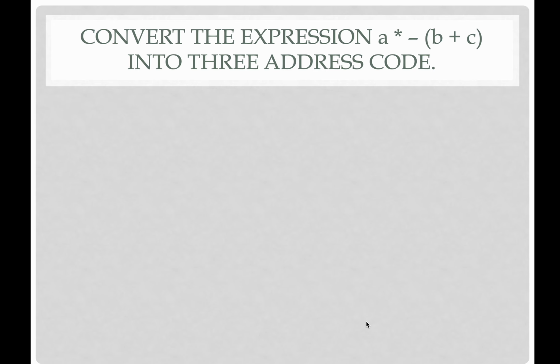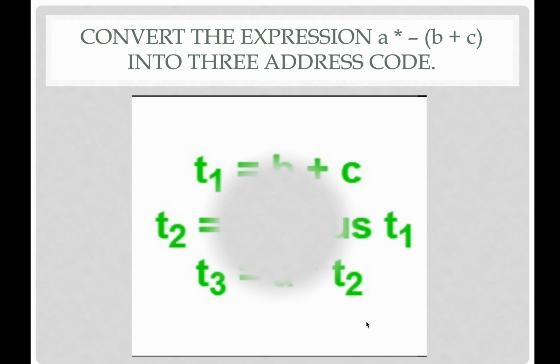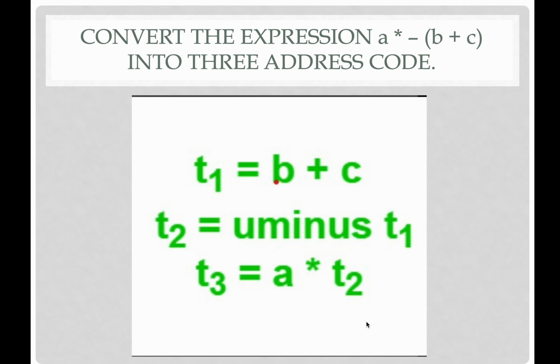Before knowing about the different types of implementing three address code, let's solve this. Let's convert this statement into three address code. Firstly we are storing the b + c value in t1, as the operands in brackets will have the highest precedence.